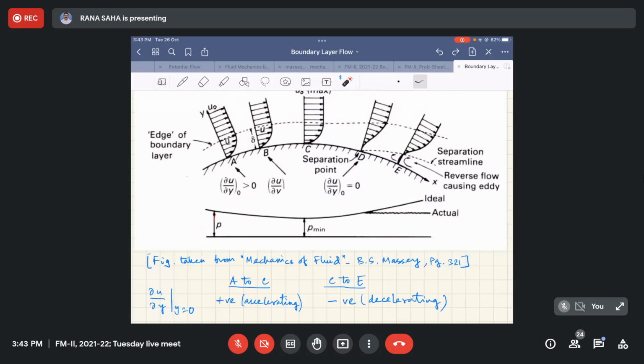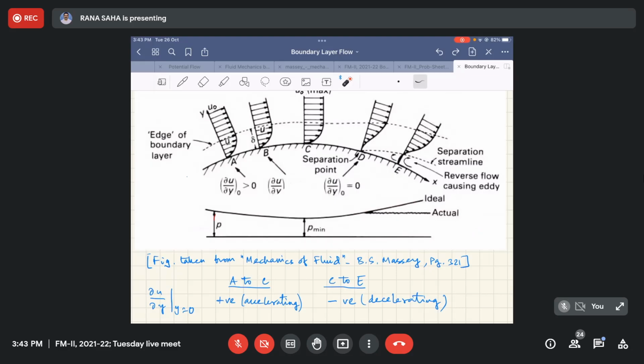Because of this eddy formation, it is a turbulent situation. So even if you are having a laminar flow over this curved surface, after boundary layer separation the situation will be turbulent, and you can have an average pressure condition beyond that, which is typically shown here by this line. It is the actual condition.